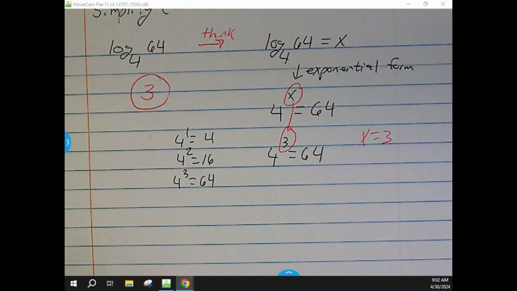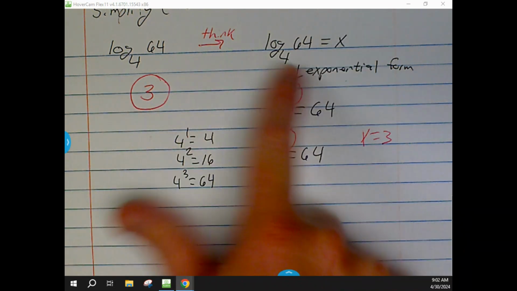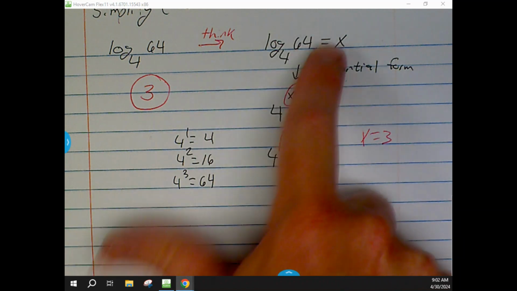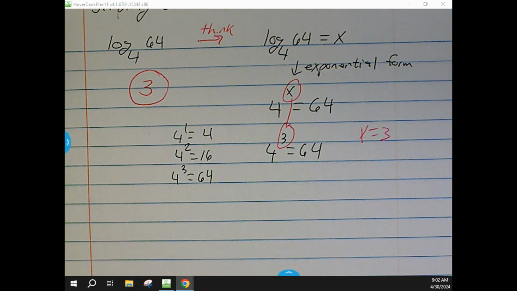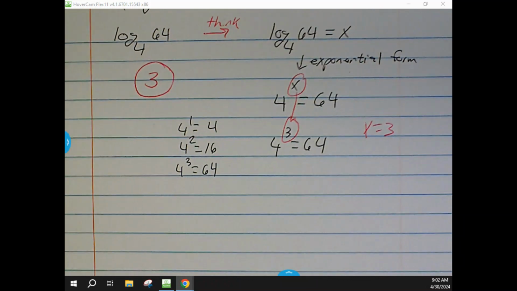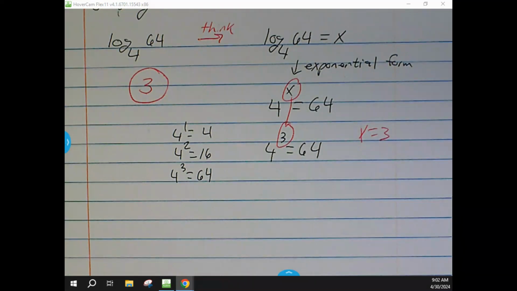Okay, so any of these problems that they give you and they tell you to think about what this answer is, simplify it without a calculator, that's the thought process you want to follow: rewrite it in exponential form, and then we go from there. Let me show you a couple more of those, and then we'll show you how to use your calculator. Because after I show you how to use your calculator, you're going to be like, why did we ever do it this way? Because, again, it's a thought process they want you to think about in this case.